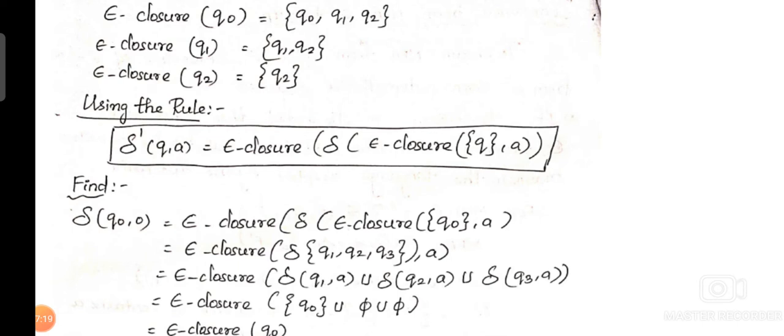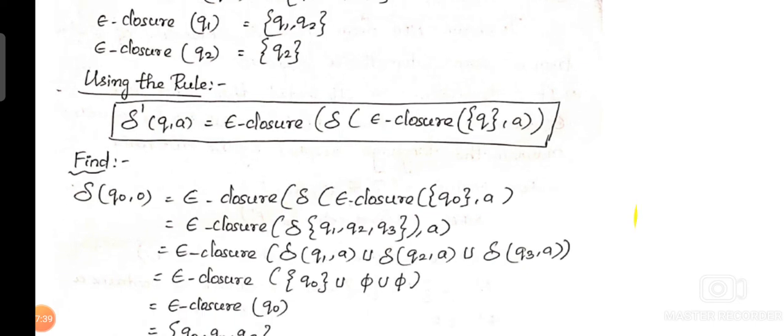By applying the rule, we are going to do the derivations to produce all the delta functions for all the states, and for each state we will find out the delta function for all possible combinations of input symbols.